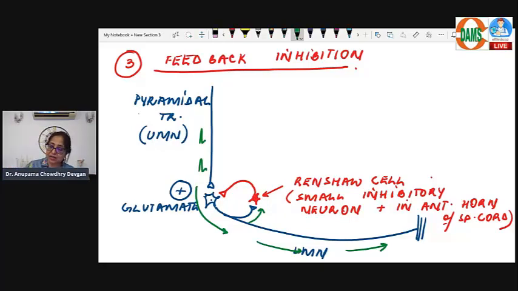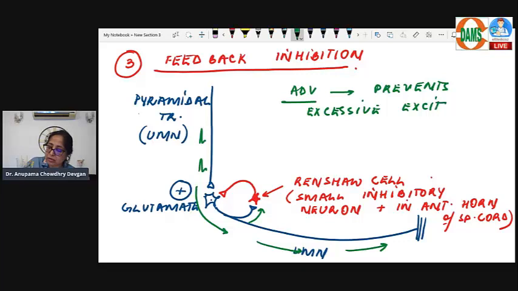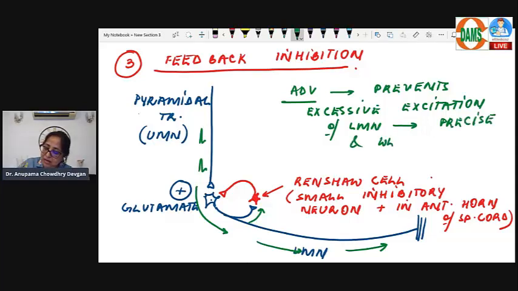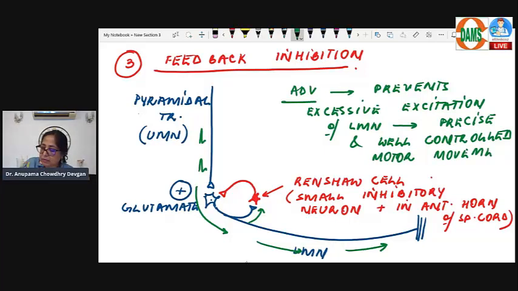What is the advantage of this feedback inhibition? The advantage is, again, it prevents an excessive excitation of the lower motor neuron, and that in turn leads to a precise and a well-controlled motor movement, right?